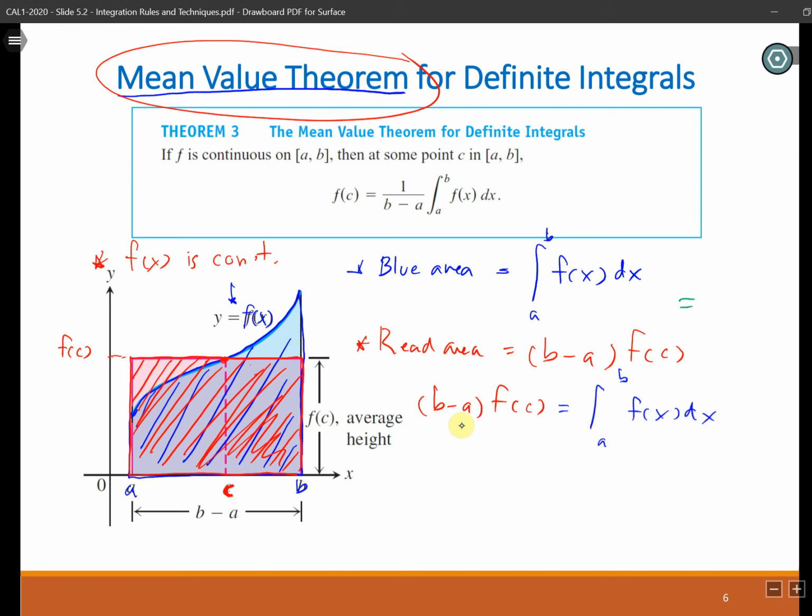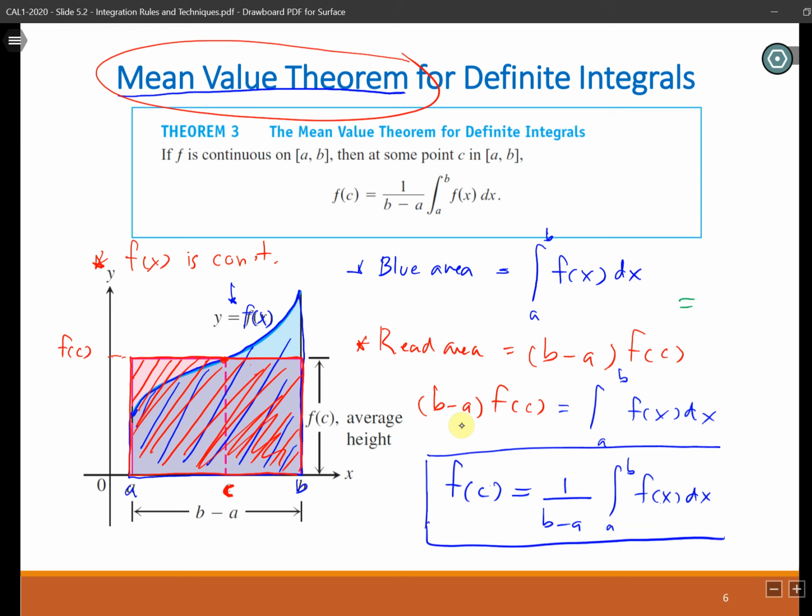So in the end we have this f(c) equal to 1 over (b − a) times the integral of f(x) with respect to x from a to b. So this is the formula for the mean value theorem for definite integrals.